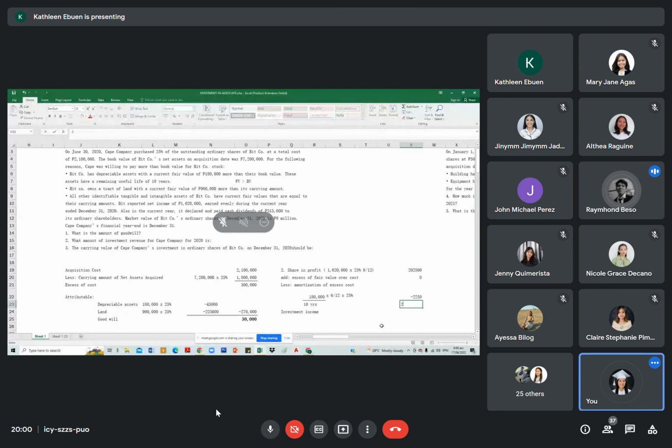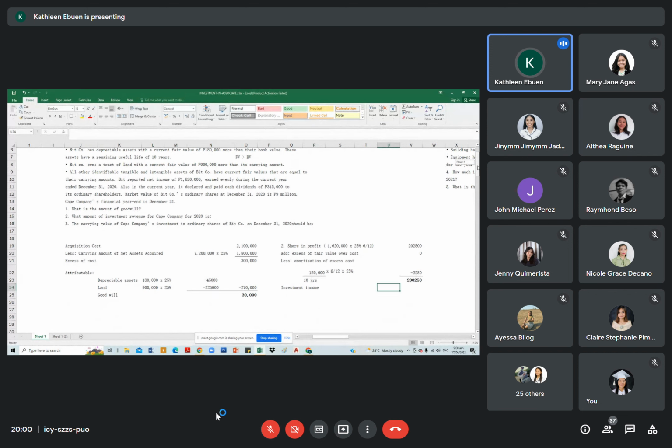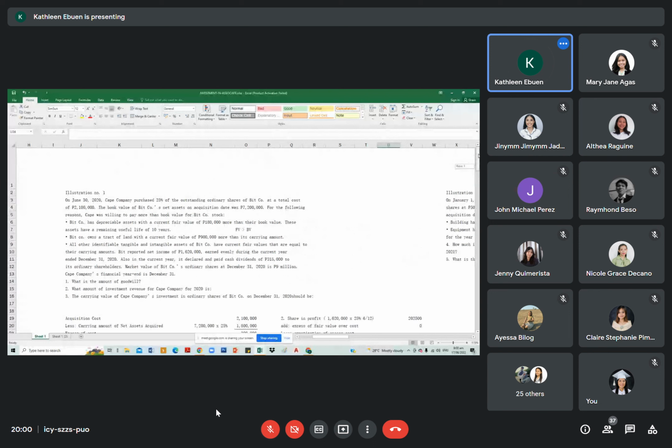200,250 po. Okay, so ganyan, class. Question number 3: carrying amount daw of Cape Company's investment in ordinary shares of BIT Company on December 31, 2020 should be... So pag kukunin natin yung carrying amount, class, alamin natin magkano ba yung acquisition cost, we will add the investment income, less natin yung share in dividends.